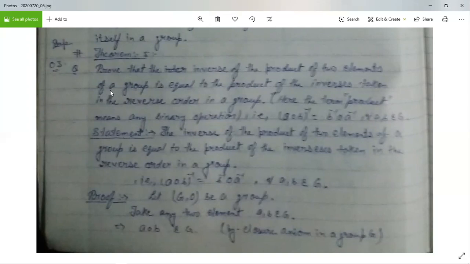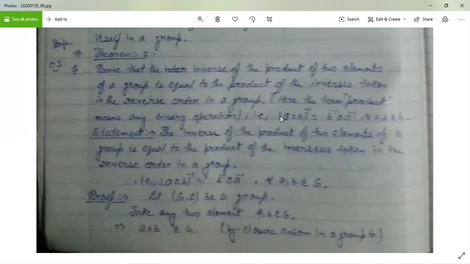Now, the question is: prove that the inverse of the product of any two elements of a group is equal to the product of the inverses taken in reverse order in a group. Here, the product means any binary operation. Don't be confused about these things.